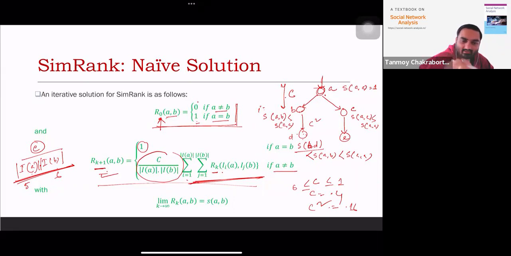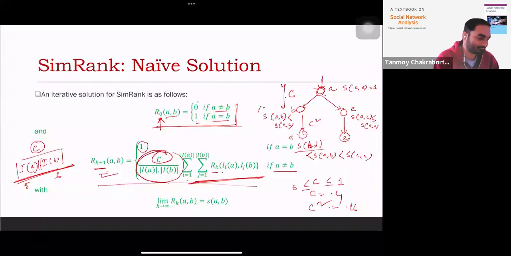And that in turn penalizes the similarity. Okay, so the value of C is something that is in our hand. We can make it 1 without thinking much, and otherwise we can also make it any value between 0 to 1.